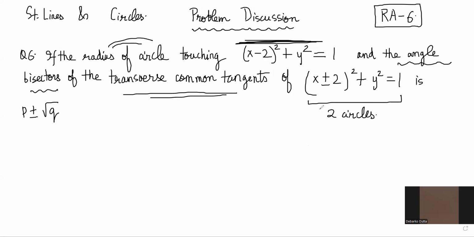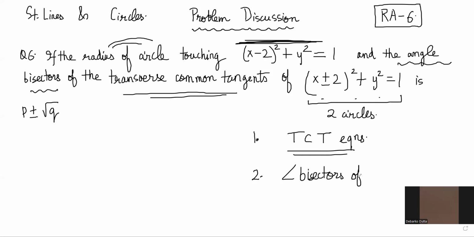Yes, sir. So if there are two circle equations, we can find transverse common tangent equations. Once you find the transverse common tangent equations, then you have to find angle bisectors of those TCTs, right? Correct? Yes, sir.